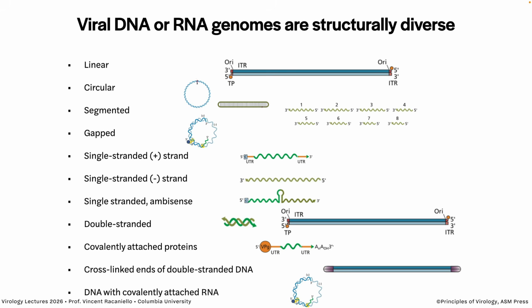Segmented genomes, which are in pieces, the gapped genome of hepatitis B virus. We have single-stranded plus and minus. We also have what's called ambisense. It's got a little bit of plus and a little bit of minus. Some genomes have proteins attached to them, some have the ends covalently linked in this double-stranded genome here, and some have an attached piece of RNA.